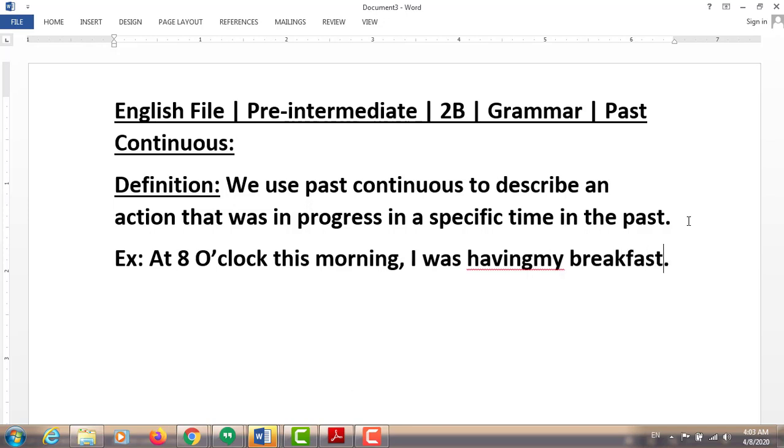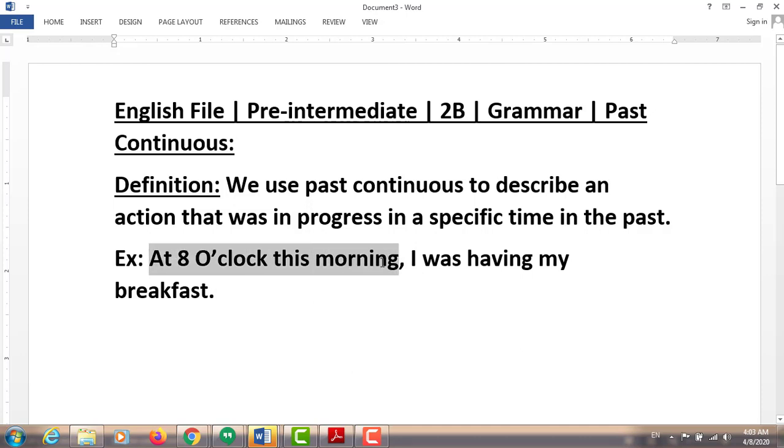This is a specific time in the past because morning is past now. Now it's afternoon. I was having my breakfast. This is past continuous and this is the time expression. Okay? That's it. Next example.